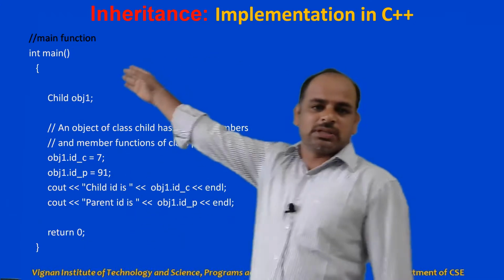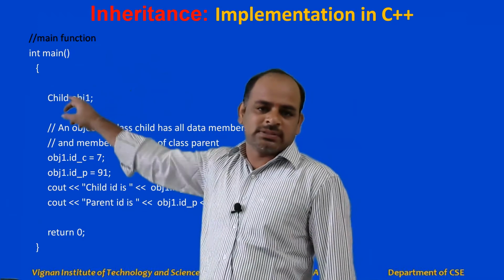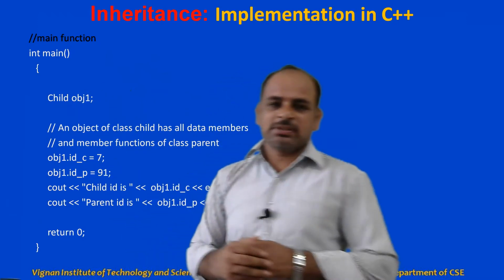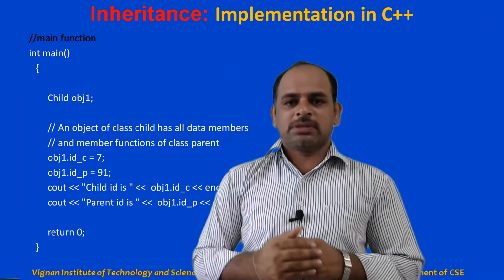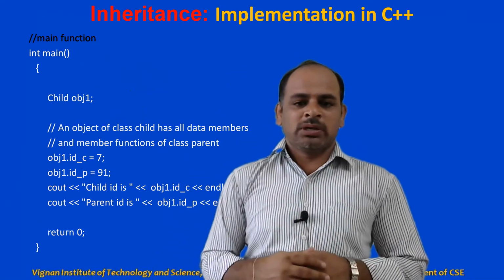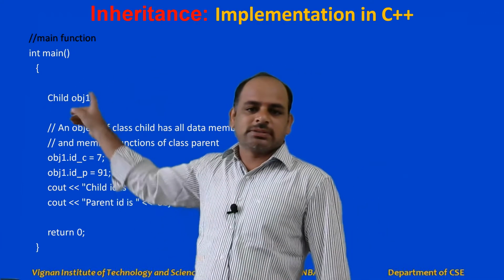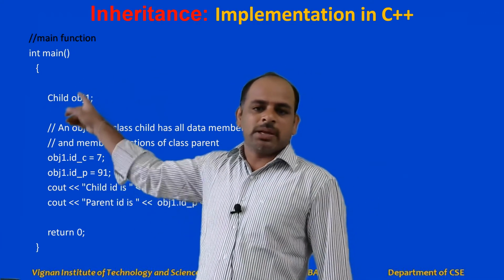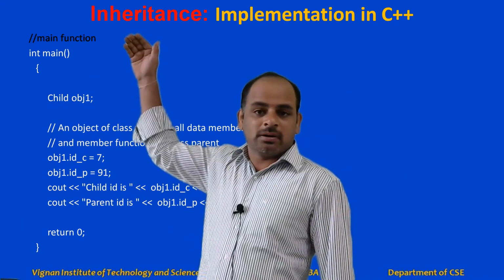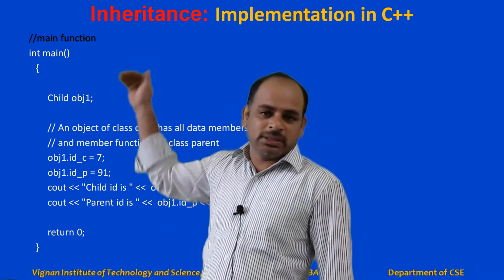In the main function, you create an object. Now you are creating only an object of the child class. Generally, how do you access the members of a class? By creating its class object. But here I am creating an object of the child class, obj1, and I am trying to access the member of the parent class.